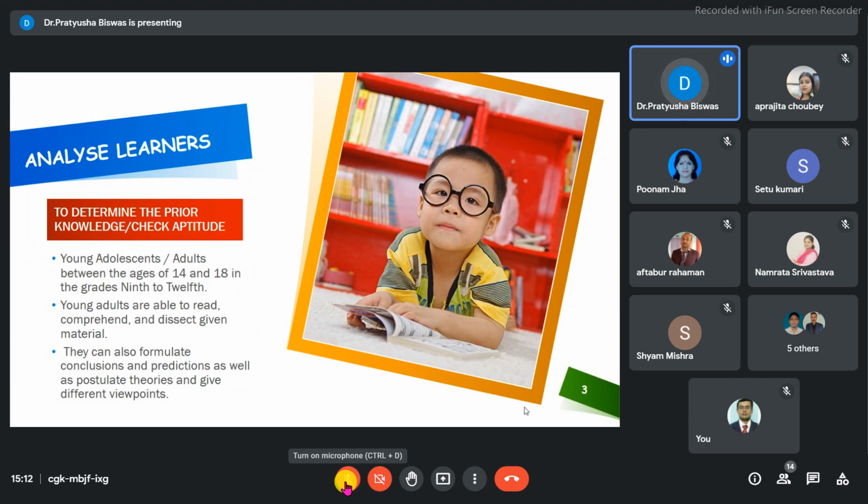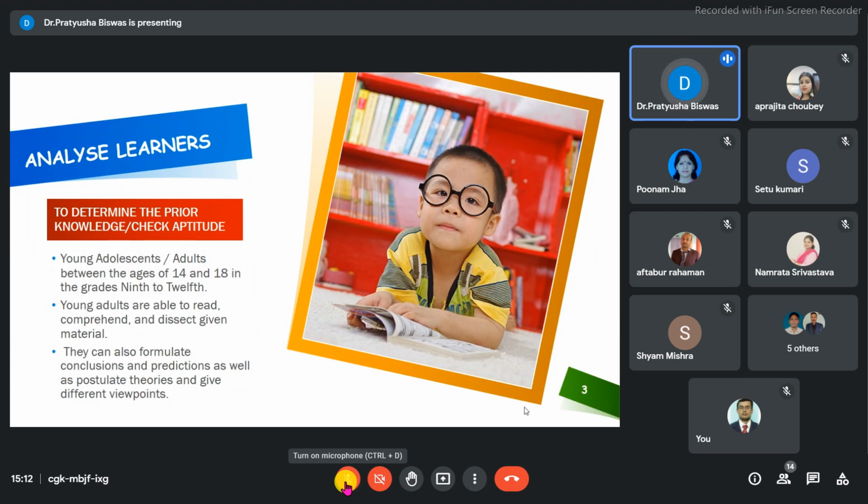Like if the child has learned multiplication tables, how well can he use them to solve a problem, or how can he raise the difficulty level of a question by using the previous knowledge the child has. Similarly, the way we do a pre-reading activity in scaffolding, analyze is the first step in the ASSURE model.